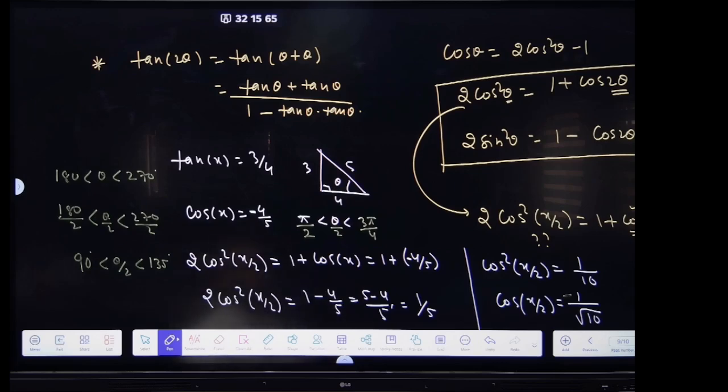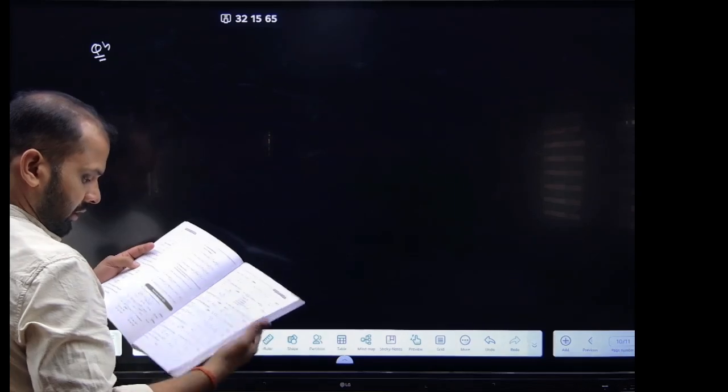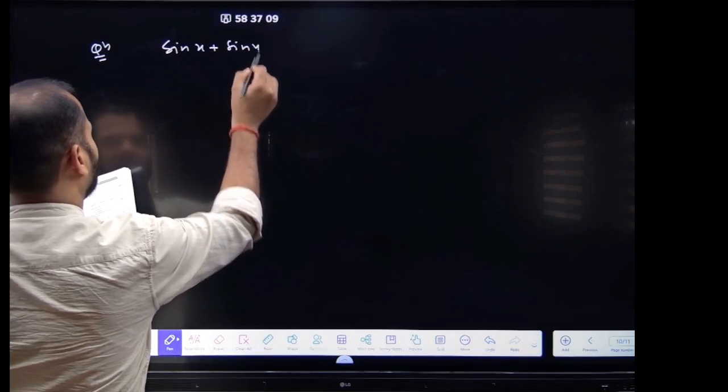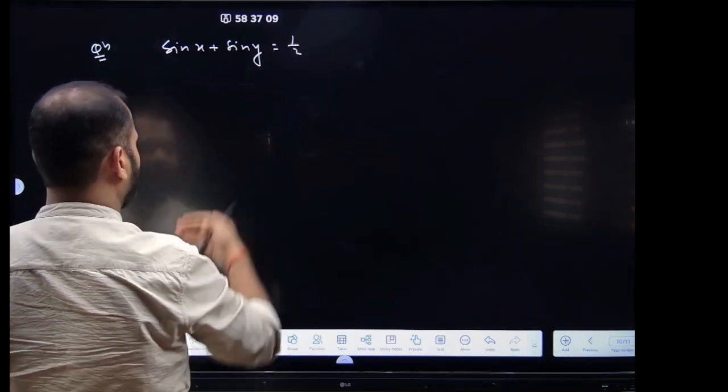Should I solve? Just see here, very important question, I will solve here. What is given? It is given that sin x plus sin y is equal to half, correct?